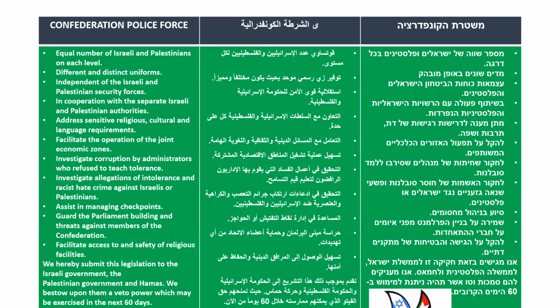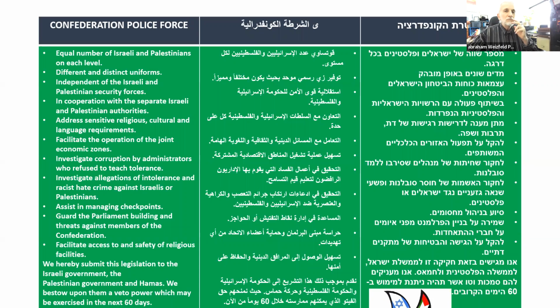Where does it have jurisdiction? In other words, is it in the whole West Bank and Gaza, or what? Because currently, there is no line between Israel and Palestine. This is not legislation about the jurisdiction of the Israeli or the Palestinian governments. This is about the jurisdiction of the Israeli-Palestinian police force.